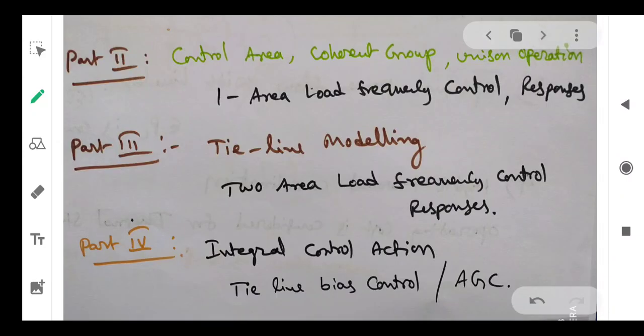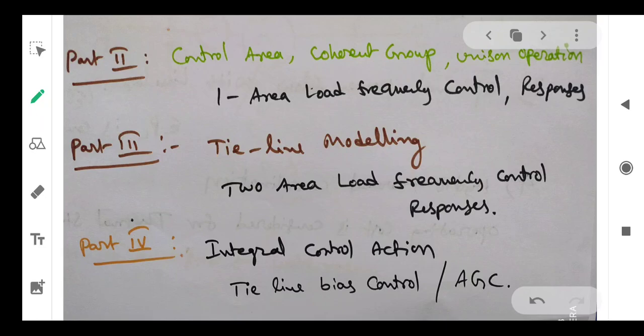In part 2 we will understand control area, coherent group, unison operation and modeling of single area load frequency control, transfer function models, and then various responses, steady state and dynamic responses of the single area system.